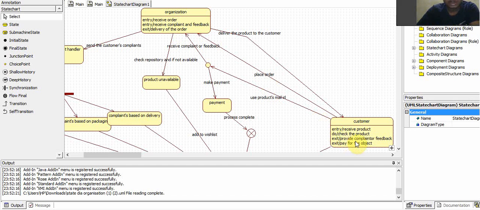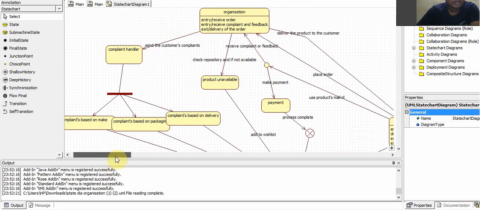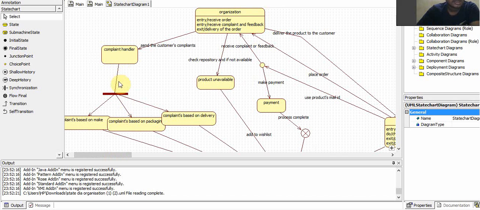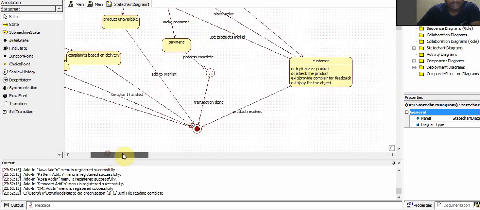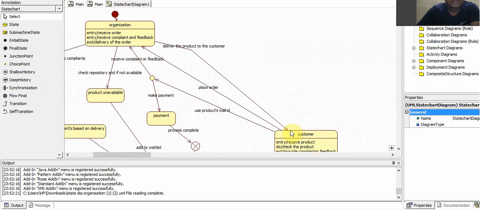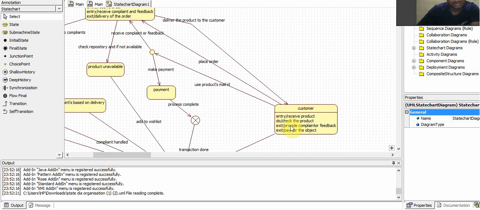If the customer gives a complaint or feedback to the organization, it gives the complaint to the complaint handler, and the complaint handler is divided here using a synchronization bar into three, and they will check which department the complaint is about, and here the final state is drawn. And if there is no complaint, we are placing the order, then delivering the product to the customer. If the product is there, then the organization delivers the product to the customer.